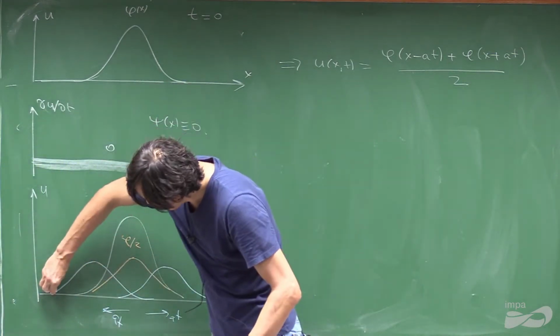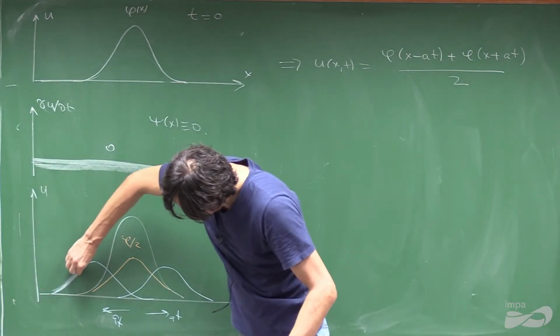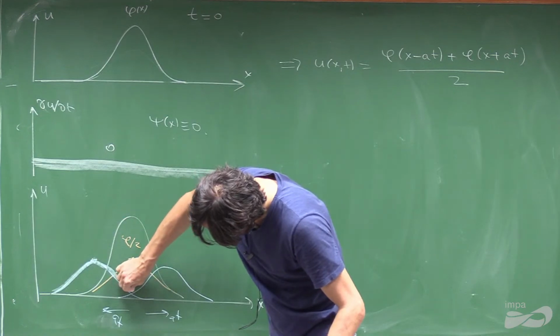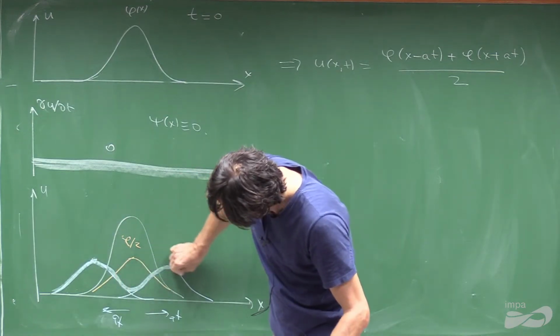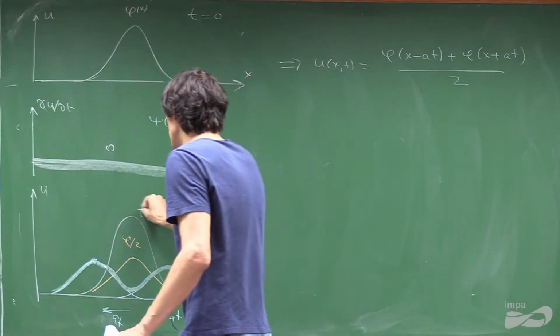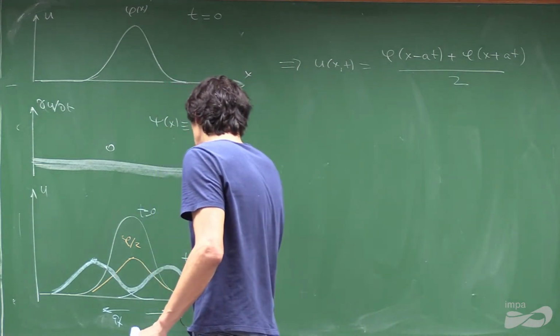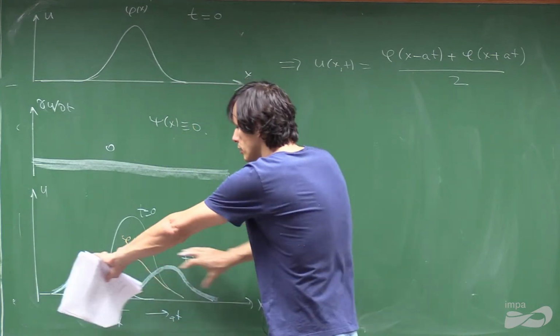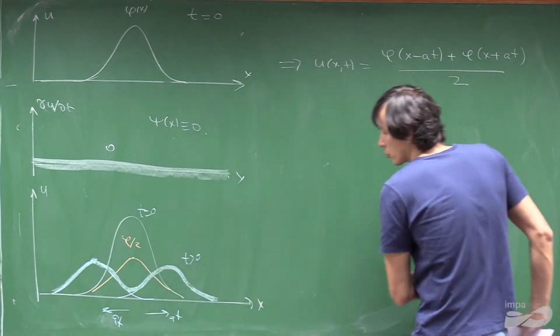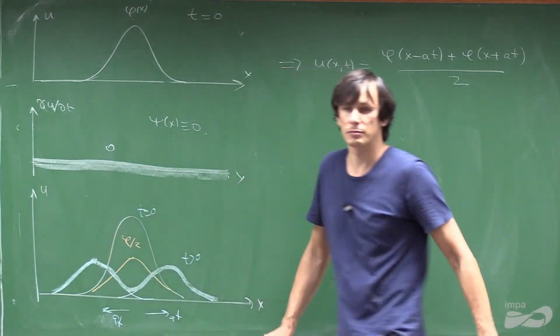So the solution will be the sum, which is this shape, right? So this is the solution at t equals 0, and this is the solution at t positive. At later times they will just separate, and one wave of the same shape will go to the left, and another of the same shape will go to the right.